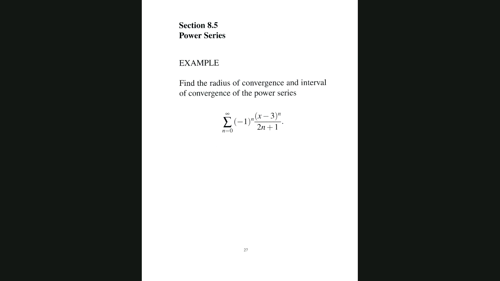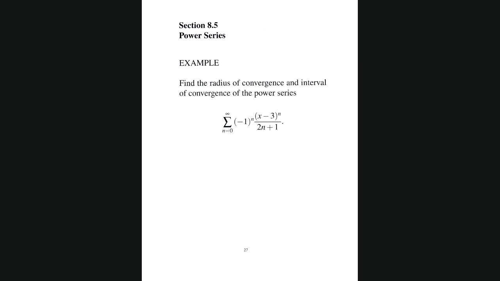You're taking it on faith that all these power series represent certain functions, maybe a sine or a cosine or an exponential function. But what you're interested in here in section 8.5 is determining the interval of convergence of the power series.